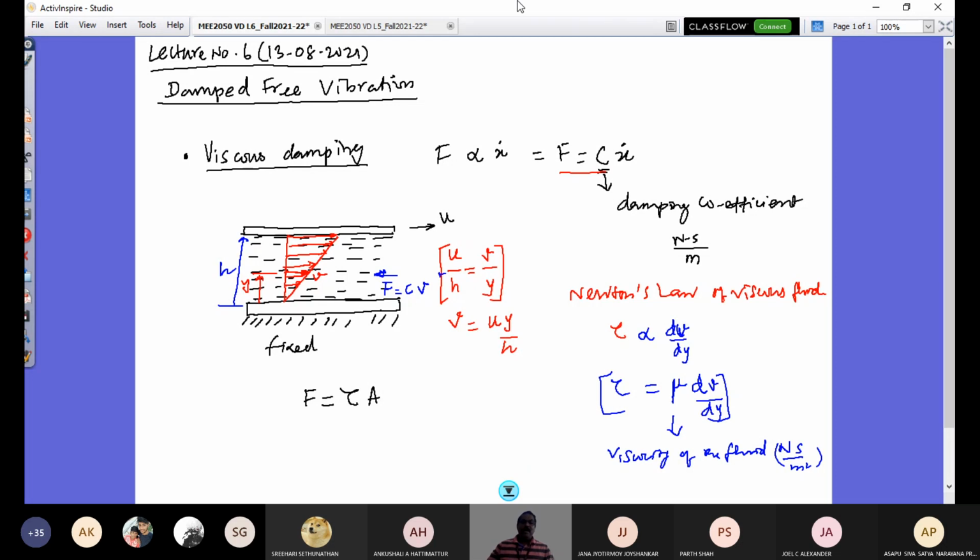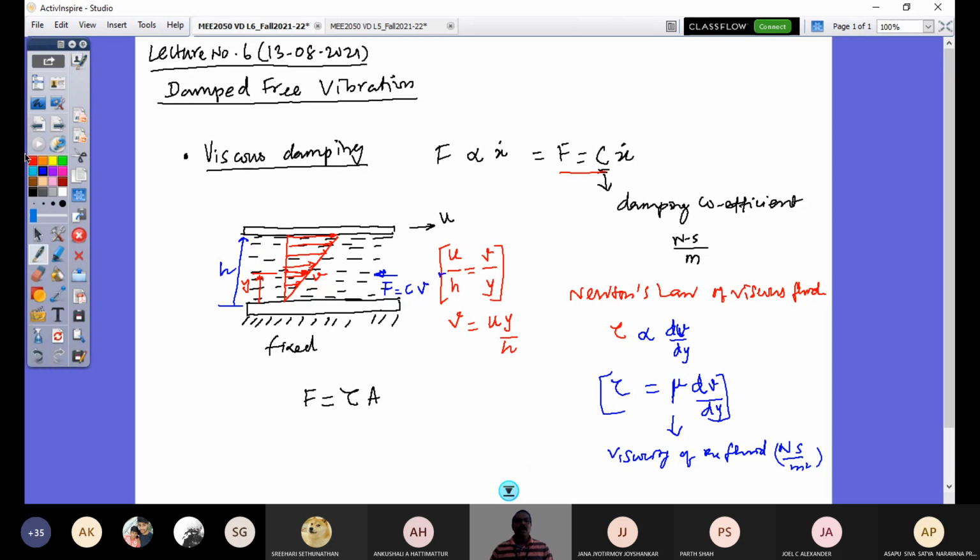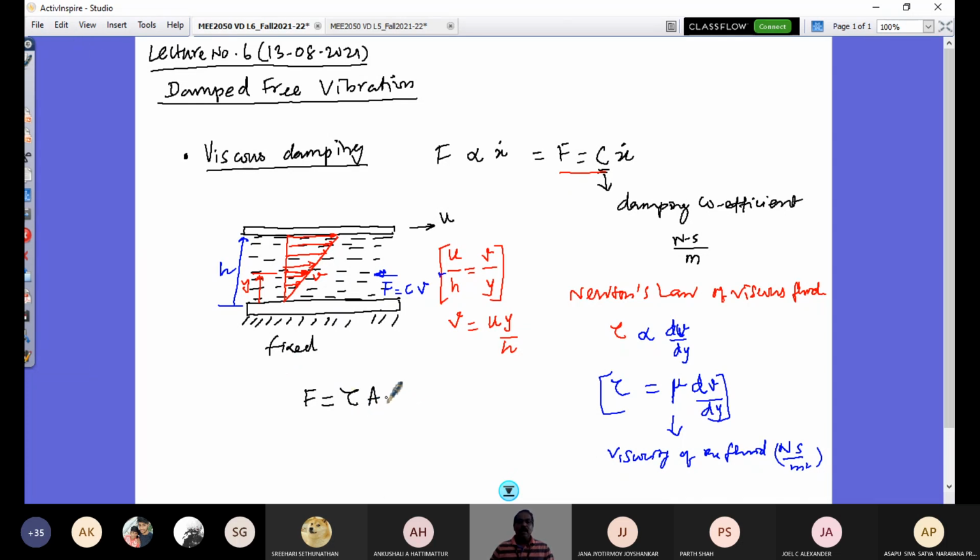Right, so if you have that in hand, then I can come back to writing the damping force. The damping force is tau into A, and here the shear stress is mu times the velocity gradient, mu times dv by dy, into A. That is the shear force at this layer.